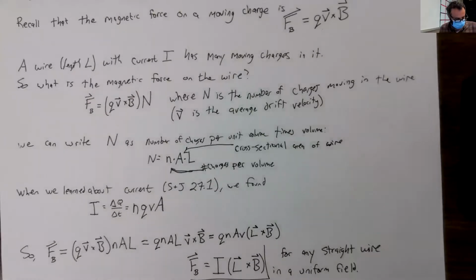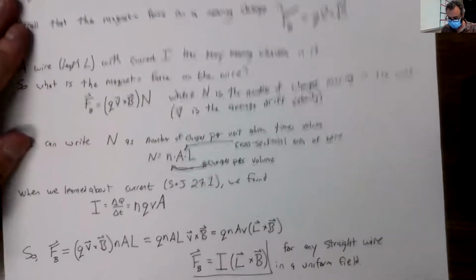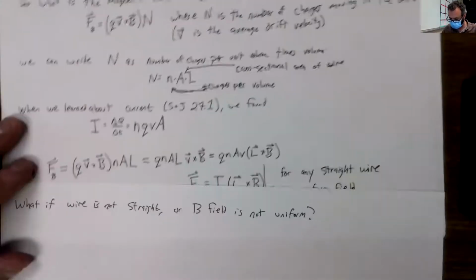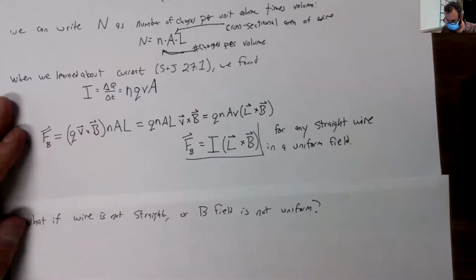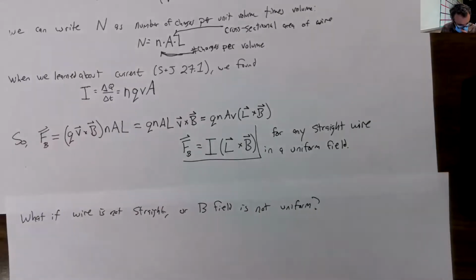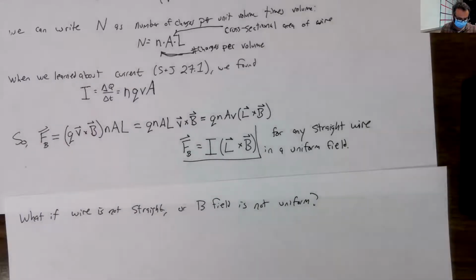Okay, so one more little piece to this lecture. This is for any straight wire in a uniform field. But what if the wire is not straight, or the field is not uniform?